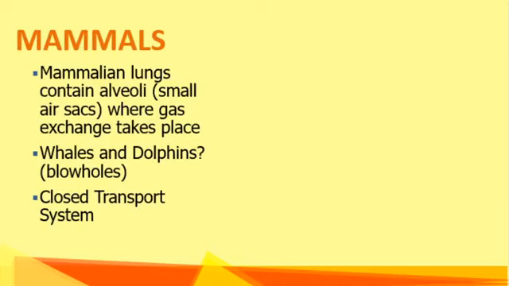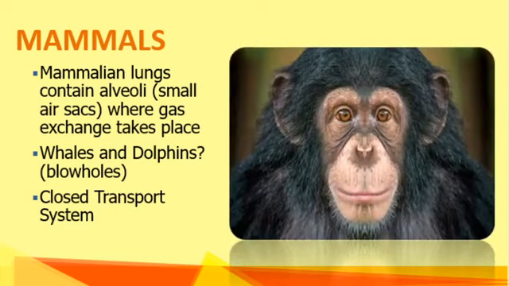Next, how about mammals? This includes you and I. Mammalian lungs contain alveoli, small air sacs, and that's where gas exchange takes place. How about whales and dolphins? Have you seen them? How do they exchange their gases? If you notice, they have blowholes, which allow them to take breaths, exposing just the top of their heads to the air while they are swimming or resting under the water.